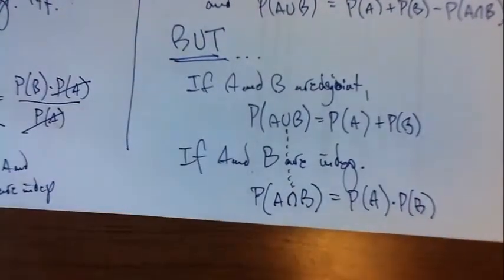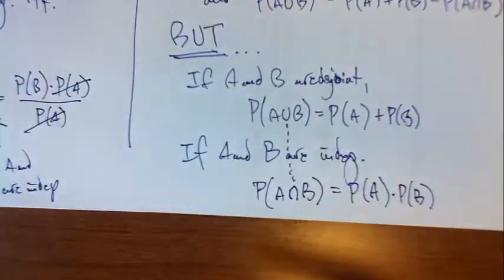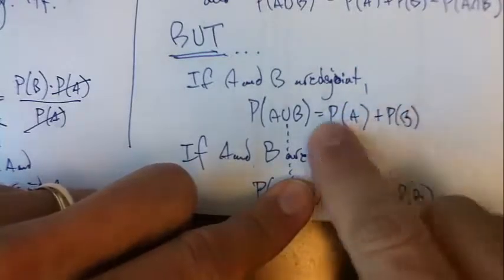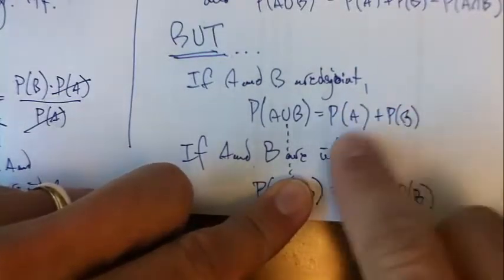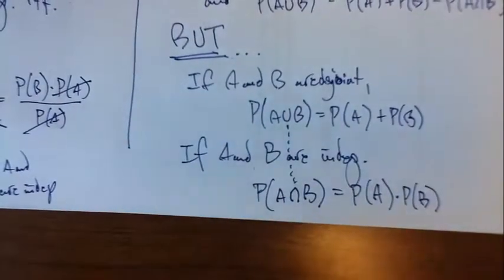So you can think about it this way. When you add two numbers, and these are numbers, the probabilities of events, you're sort of combining them in some way. You're pulling them together, making some kind of an amalgamation, something larger than what you had before.